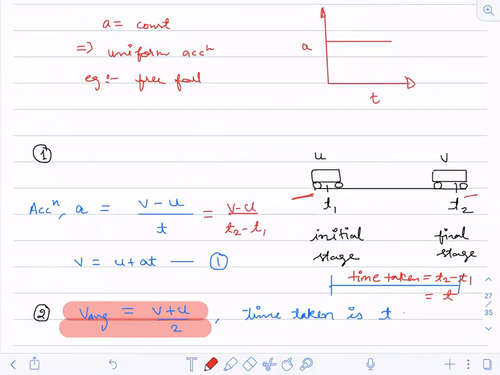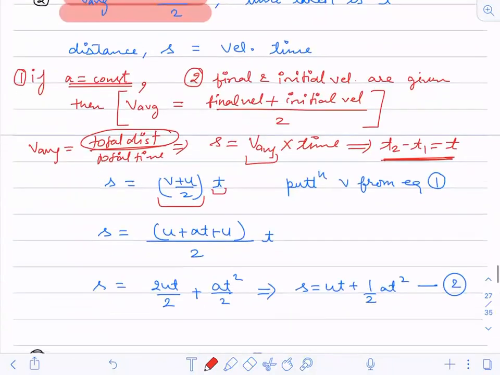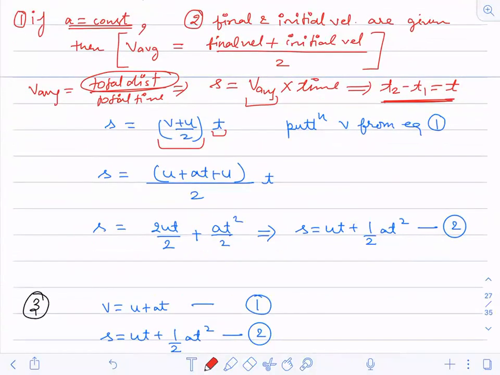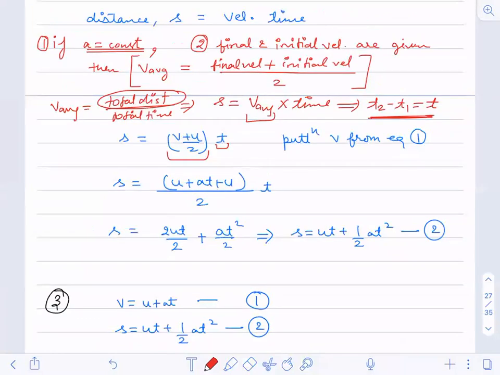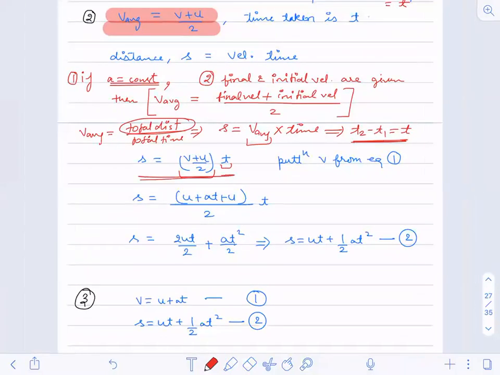So T2 minus T1 is T. Understood? Now, after writing this equation, what we have done is substituted the V value, putting V from equation 1.